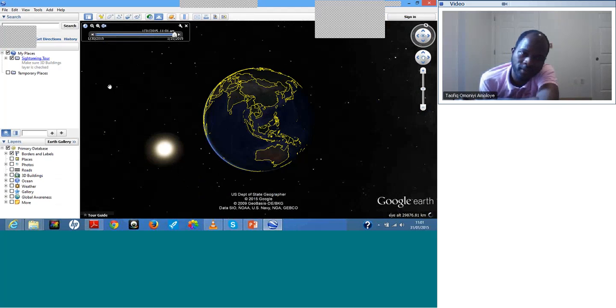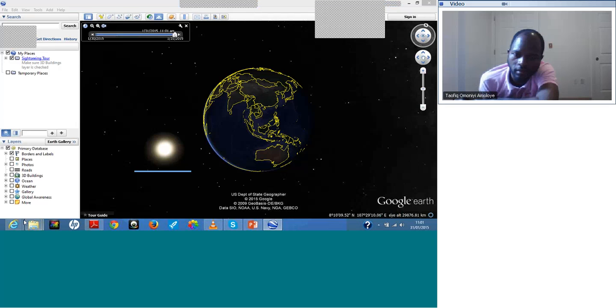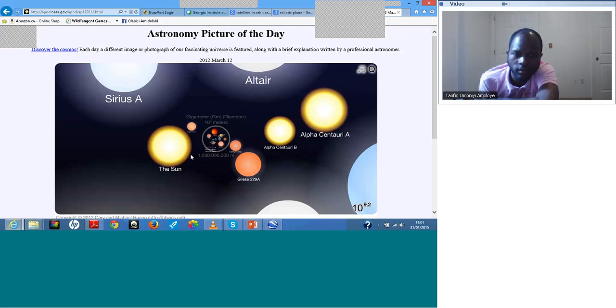Some of these stars are in fact bigger than the sun, as we would see in this. So that's the sun there. And look, that's another kind of star there. It's not as big as the sun. That's Alpha Centauri A, about the same size as the sun.